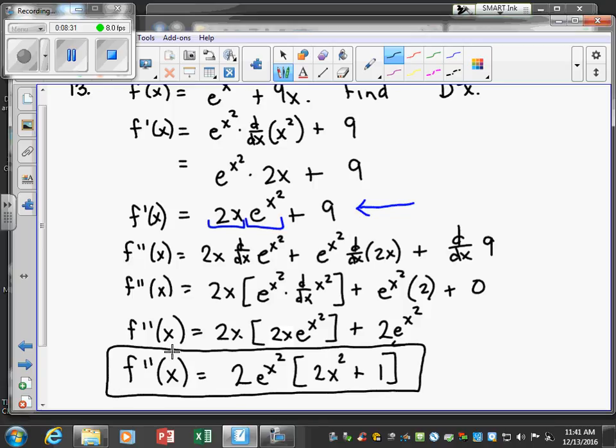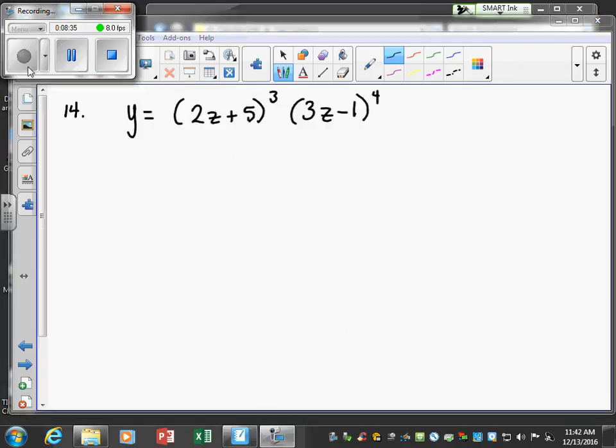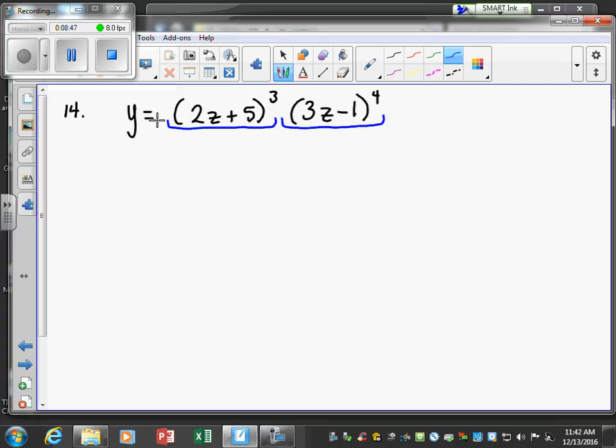Okay, check your answer on that. Okay, so we're obviously going to have a product rule also with a chain rule. So first times derivative of the second plus second times derivative of the first. Let's establish that part first.